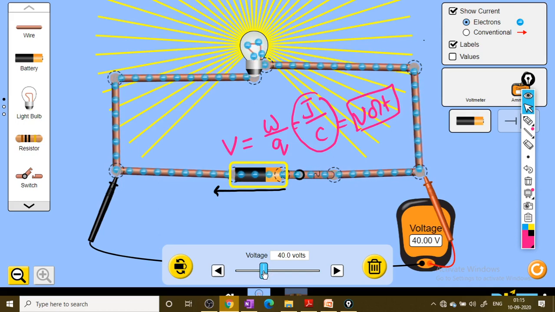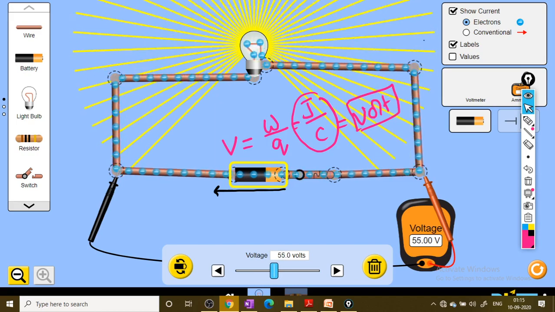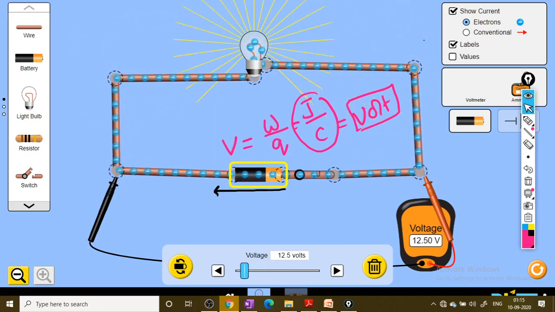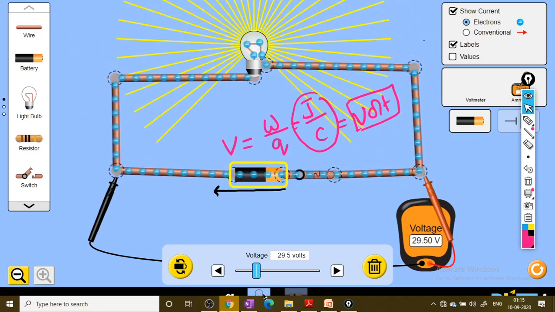Now the electrons are moving in the circuit, so it is contributing current. So finally I can define the cell as a very needed component to move the electrons in the circuit.